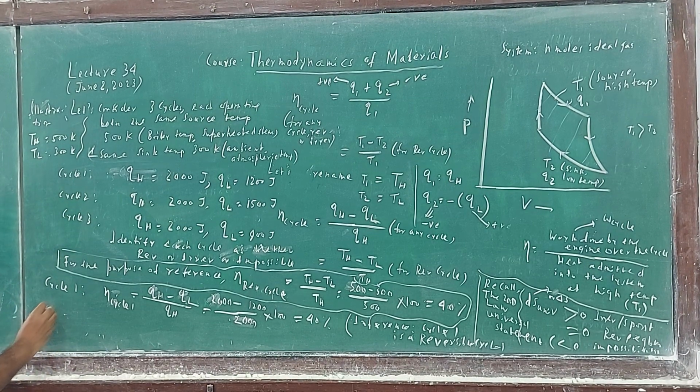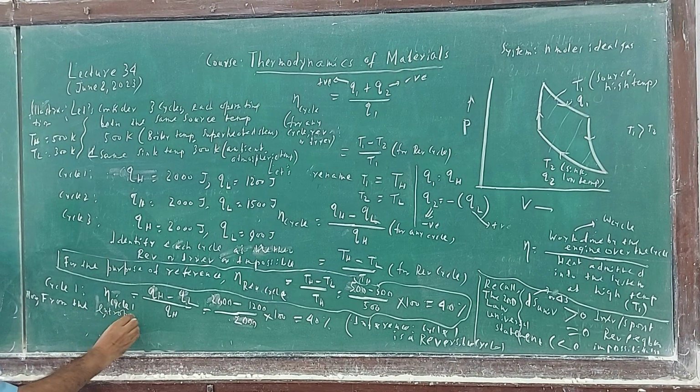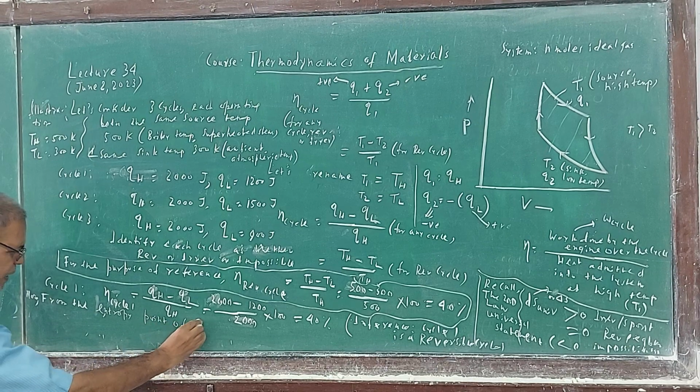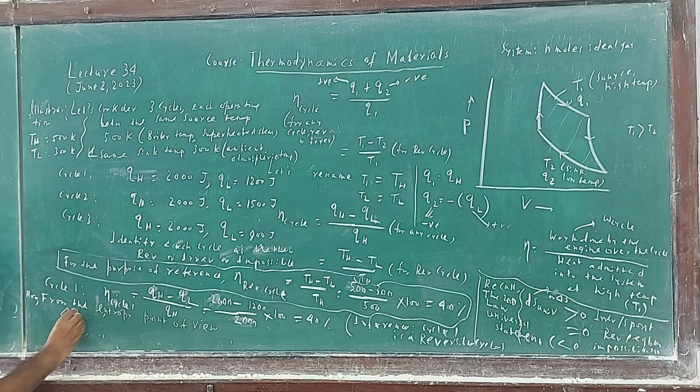Now, from the entropy point of view, let us verify. Delta S system and delta S universe: delta S universe equals delta S system plus delta S surrounding.